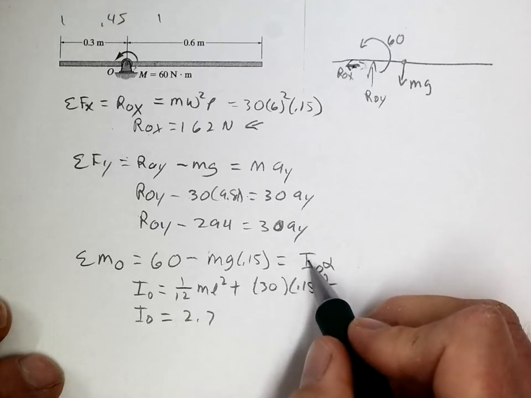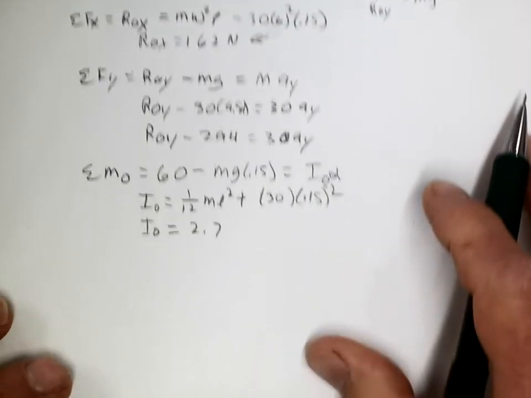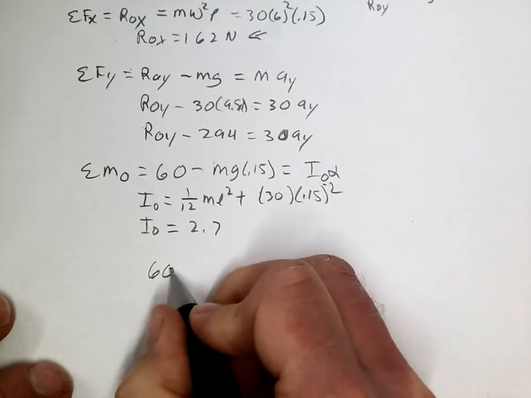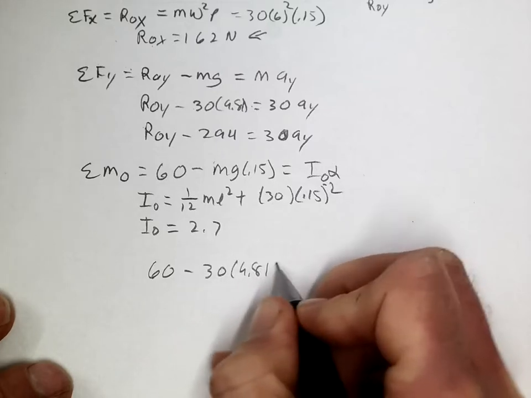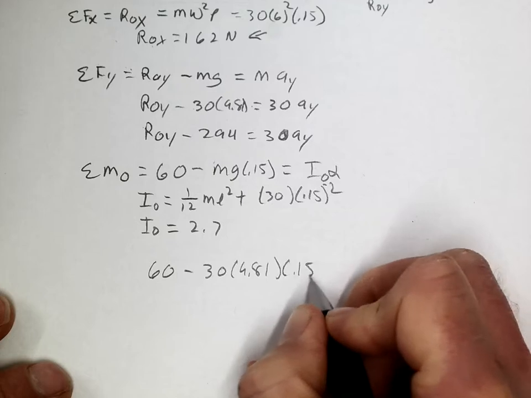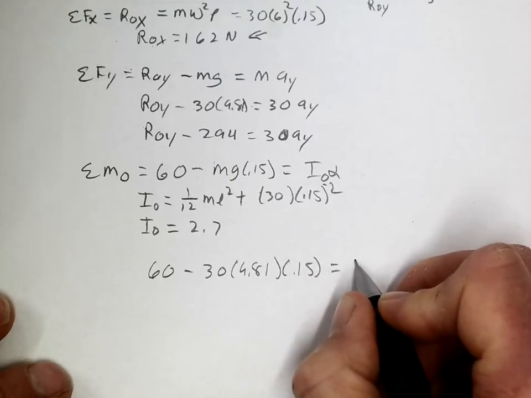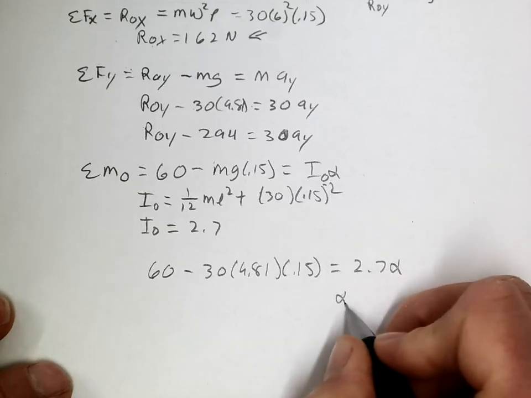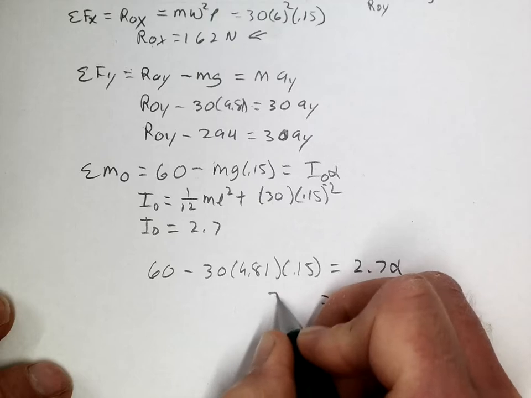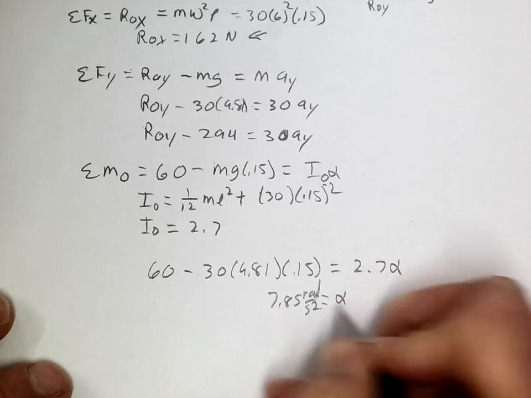So putting that into the equation, with mass and gravity, we get 60 minus 30 times 9.81 times 0.15 equals 2.7 times alpha. So alpha is equal to 7.85 radians per second squared.